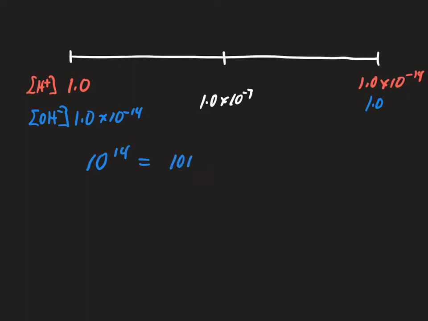That is 100 trillion, right? There's 100 trillion times difference between this concentration and this concentration, or between this concentration and this concentration, right? We're not used to dealing with numbers that range over 100 trillion, right?